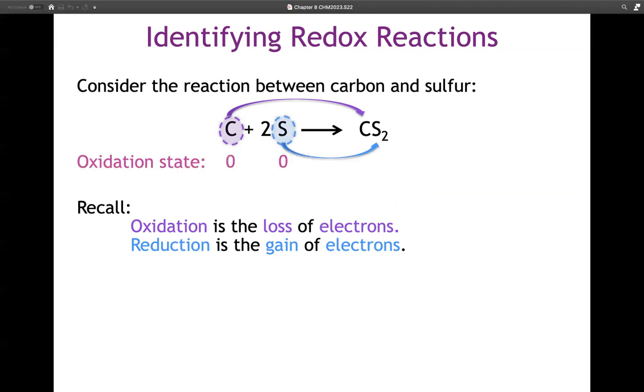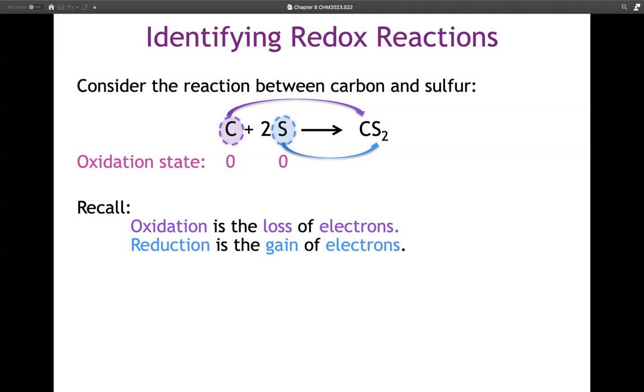If it's the pure element on its own, whether it's a diatomic molecule like hydrogen, nitrogen, oxygen gas, or group 7A elements, remember those are diatomic. They exist in nature as bromine gas, fluorine gas, oxygen gas, chlorine gas, nitrogen gas, hydrogen gas. You'd assign those an oxidation state of 0, or like if you just have zinc or just magnesium.